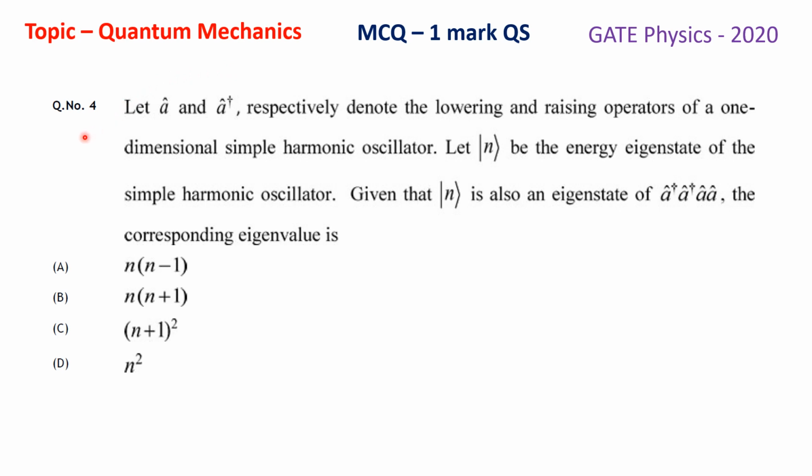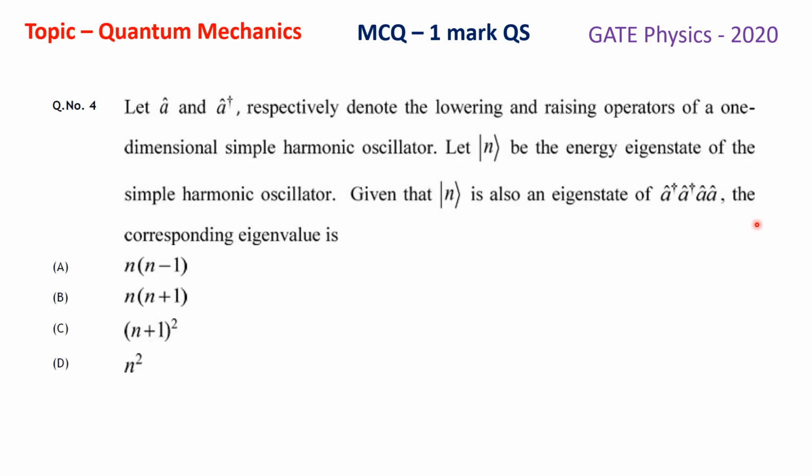The question is: let a cap and a cap dagger respectively denote the lowering and raising operators of a one-dimensional simple harmonic oscillator. Let the state n be the energy eigenstate of the simple harmonic oscillator, given that the state n is also an eigenstate of a cap dagger times a cap dagger times a cap times a cap.